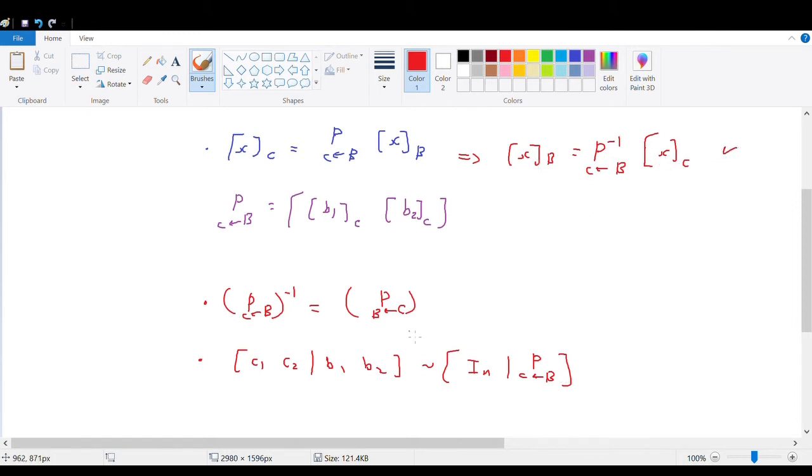But in the case you have only the vectors C1, C2, B1, B2, which are the bases, and you want to find the change of coordinate matrix, you have to use this one, where this one is the identity matrix, then here you will find the change of coordinate matrix from B to C.